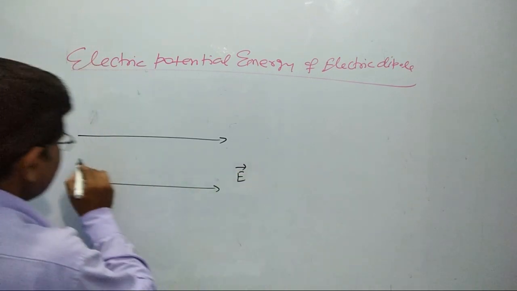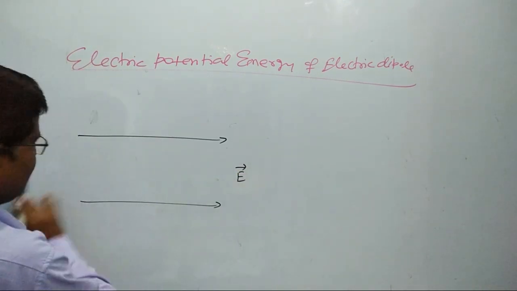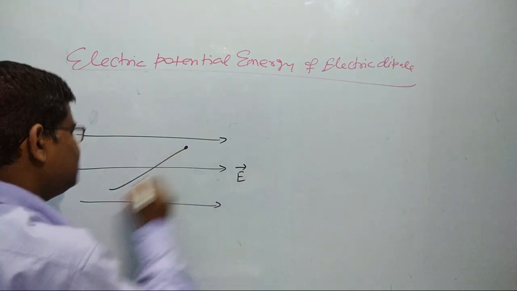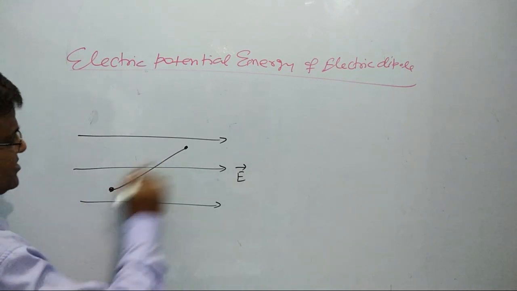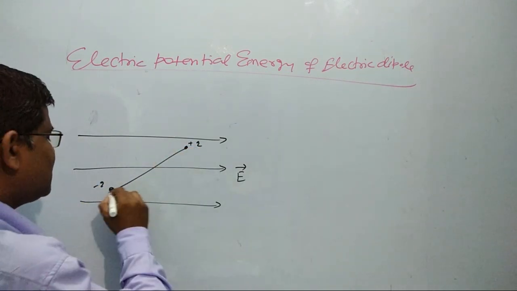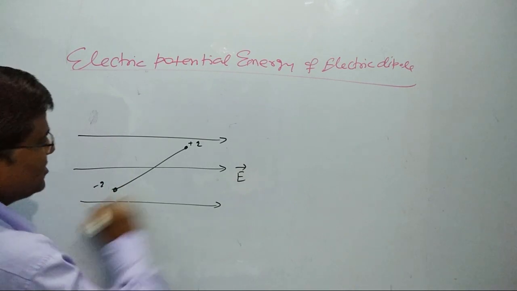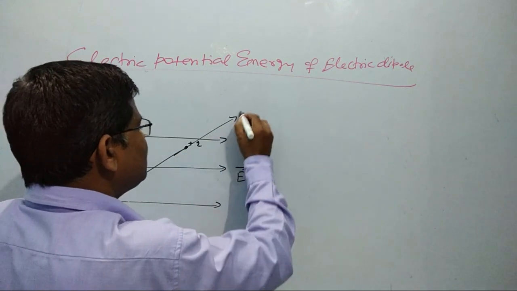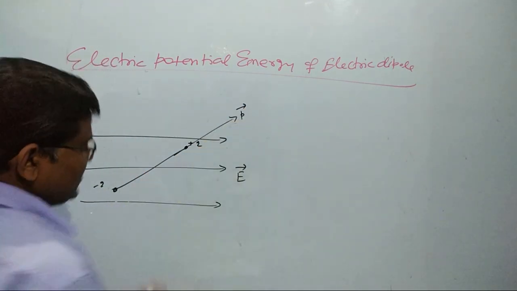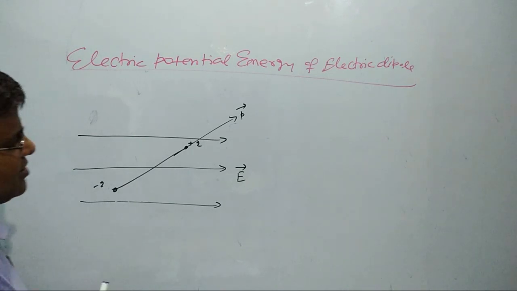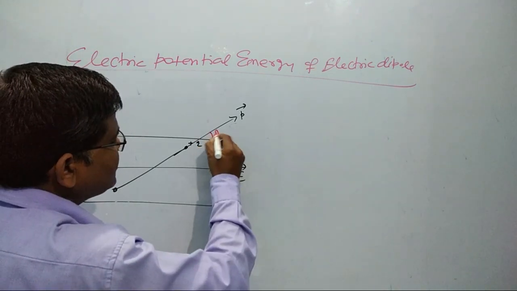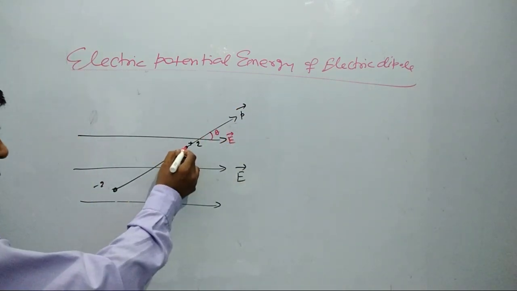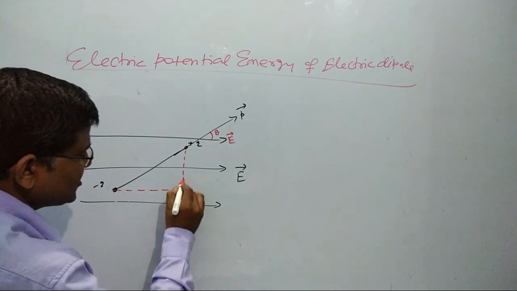This is the electric field, and this one is the electric field, and I will draw one more line here. Here is the electric dipole, with the minus charge and plus charge, and the distance between them is 2a. The direction of the electric dipole moment is in this direction, and the electric field is in this direction. That is why the angle between the electric field and P is theta, and this is the perpendicular construction.